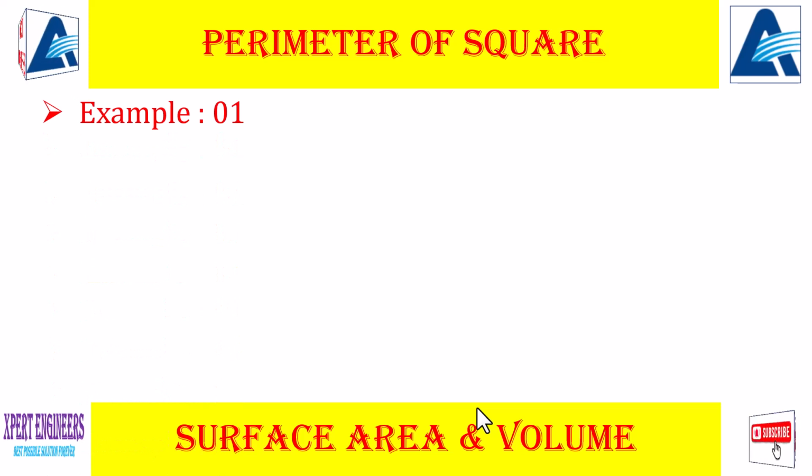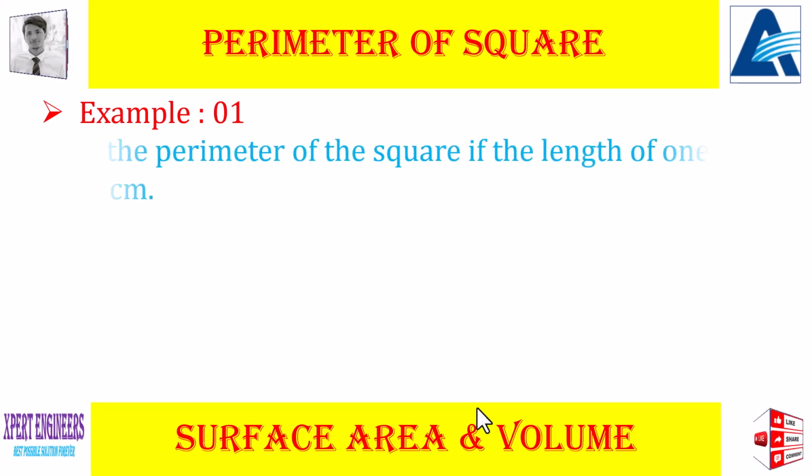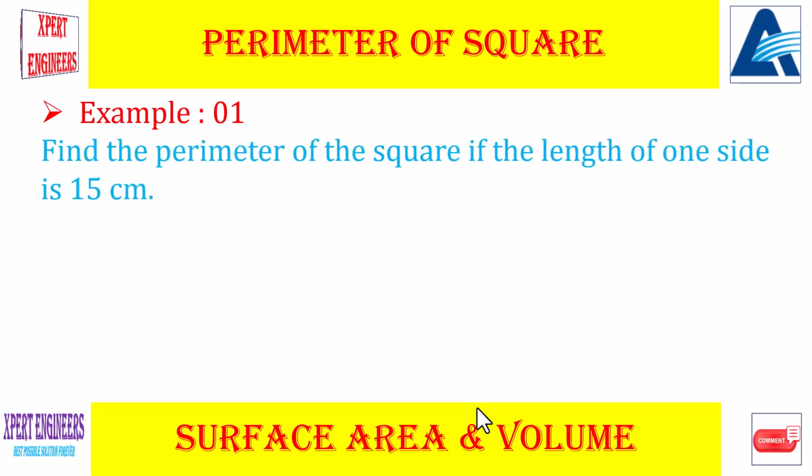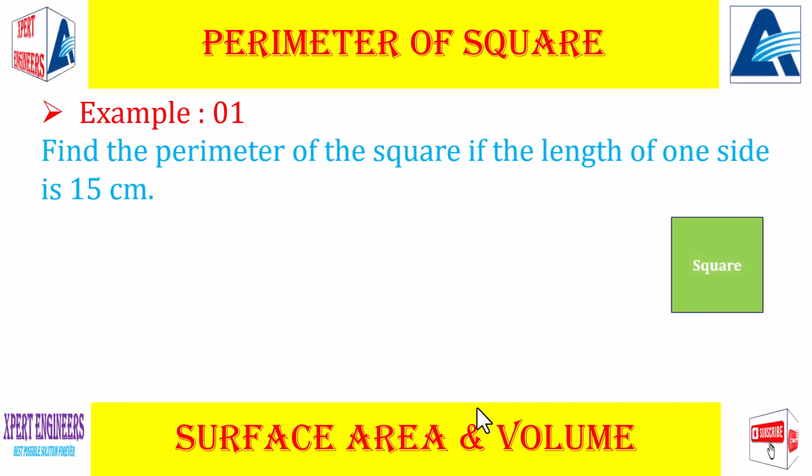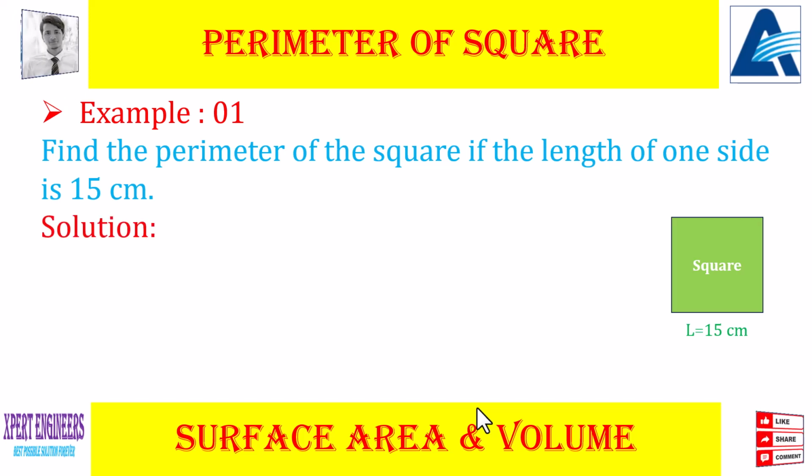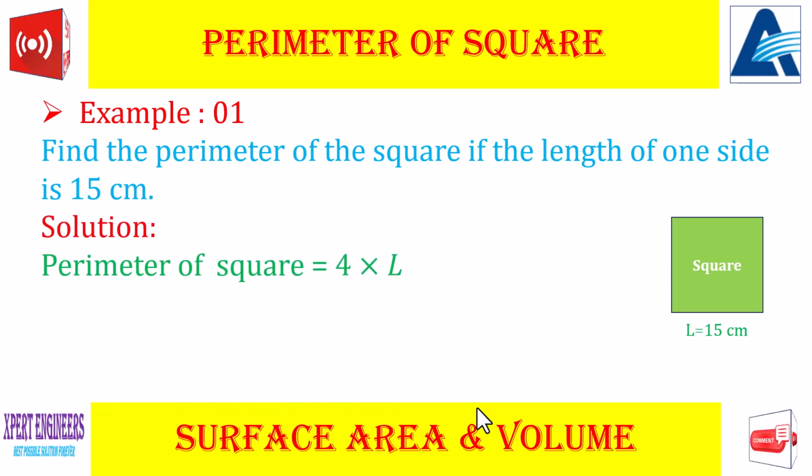Now let's solve an example. Find the perimeter of a square if the length of one side is 15 centimeters. Let's suppose we draw a square and assume that the length of its side is 15 centimeters. Now comes the solution.